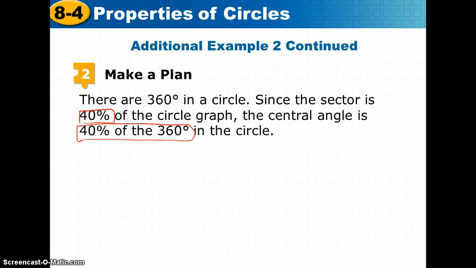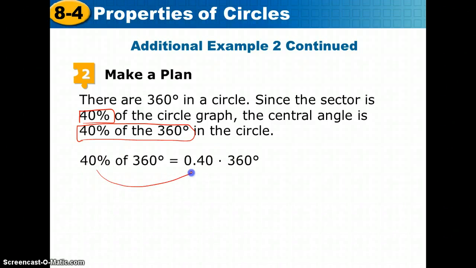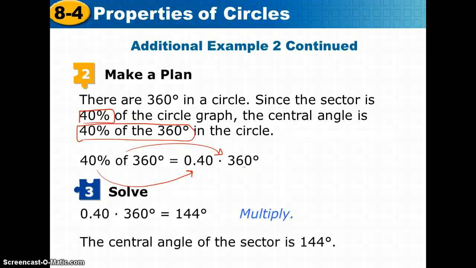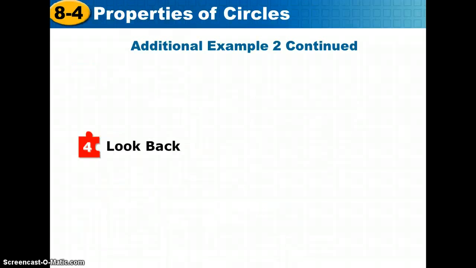And we always want to take our phrases and turn them into numbers and signs. 40% has been switched to 0.40 as a decimal. Of became our multiplication sign, and 360 got to stay the same. So if I multiply that out, I get 144 degrees. So my central angle measure is 144 degrees.